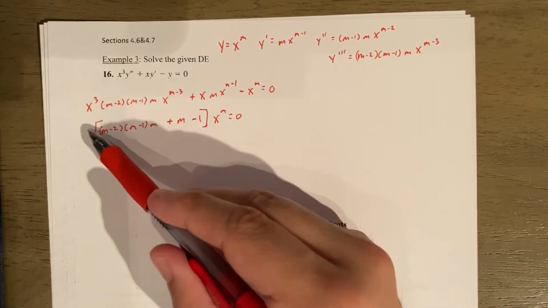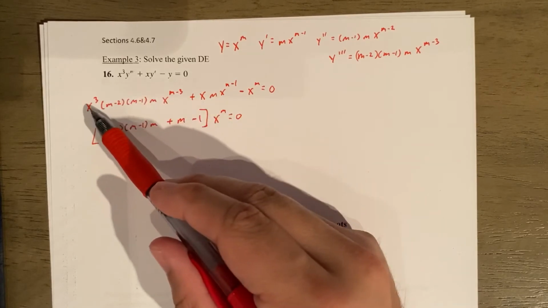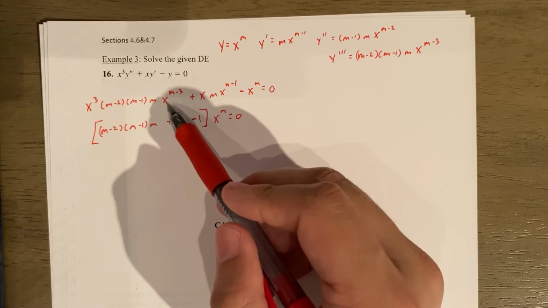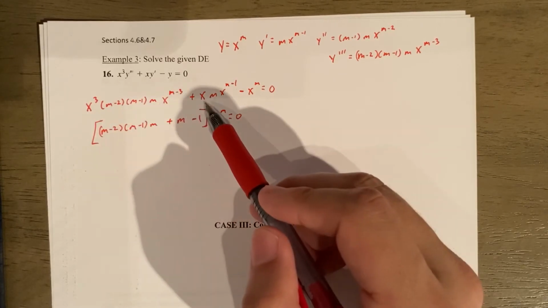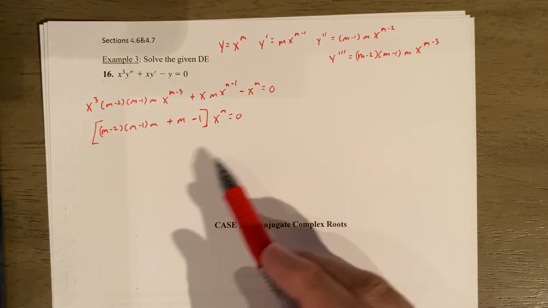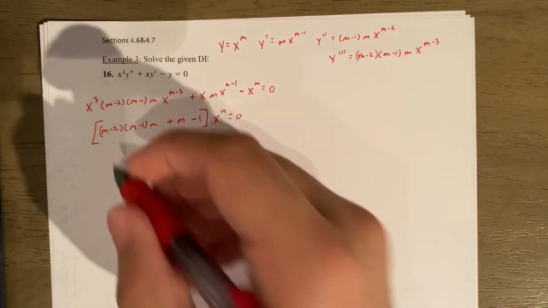Again, notice I didn't write my x cubed because x cubed and that x to the m minus 3 cancel each other out. Same thing with that x and that minus 1 with that x. Then I just pulled out x to the m, and now I'm going to go ahead and multiply.